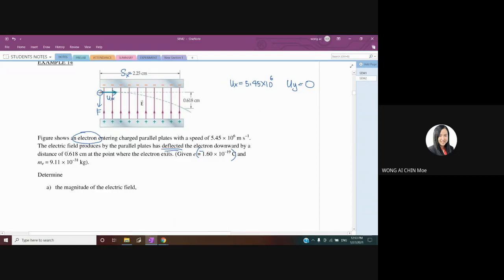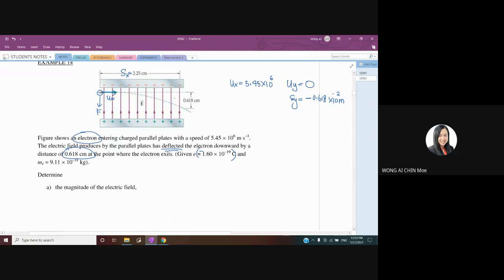At a distance of 0.618 cm, this is our SY, and it is moving downward. So we put negative 0.618 times, we change cm to meter. Why do I put negative?